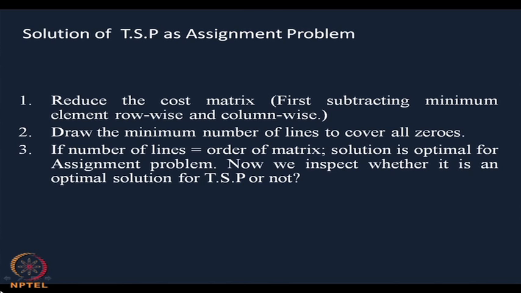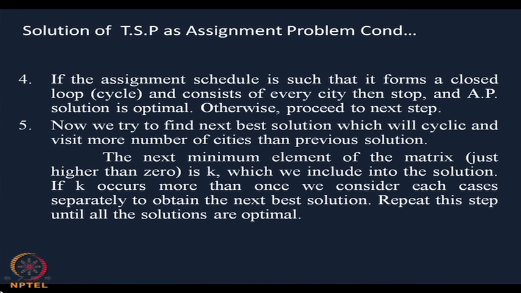So, that you have to check. Now, if the assignment schedule is such that it forms a closed loop or cycle, as I was telling you, and it consists of every city, then stop, that is, it has covered every city and it is forming a closed loop, then you stop, and this solution of the optimal problem is the solution of the travelling salesman problem also. Otherwise, you go to the next step.